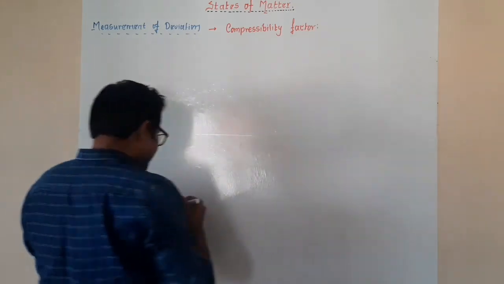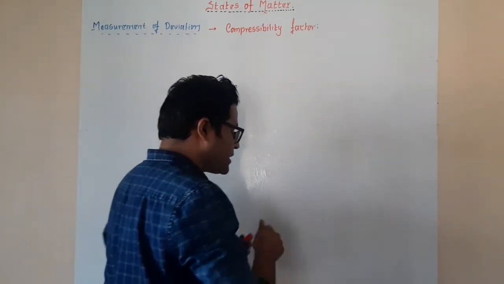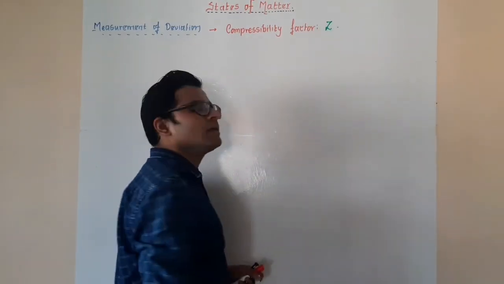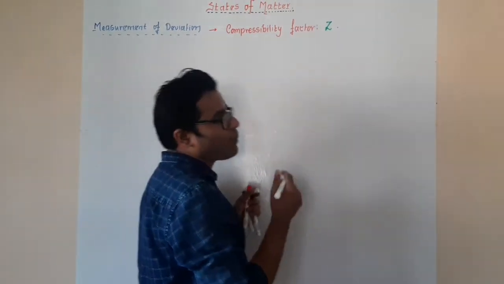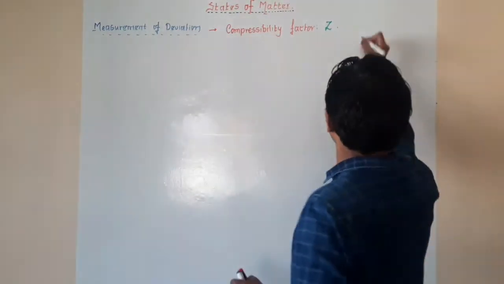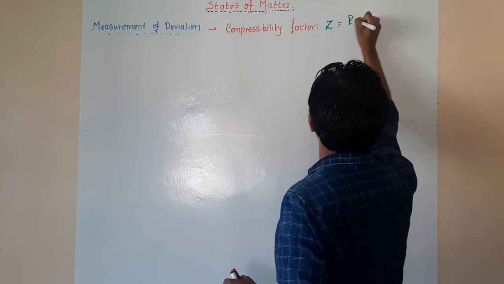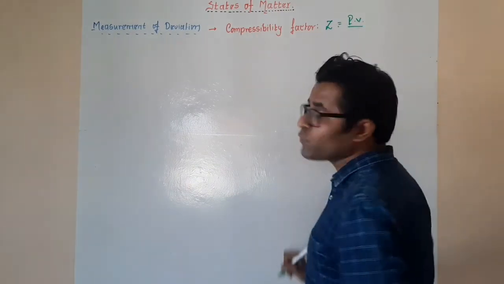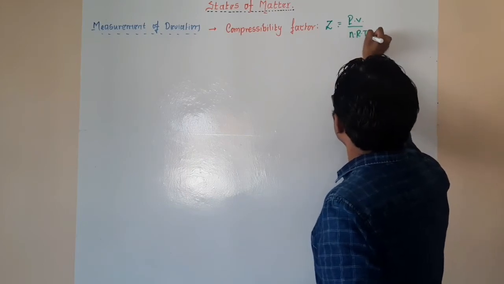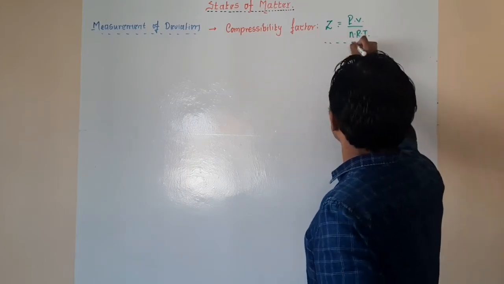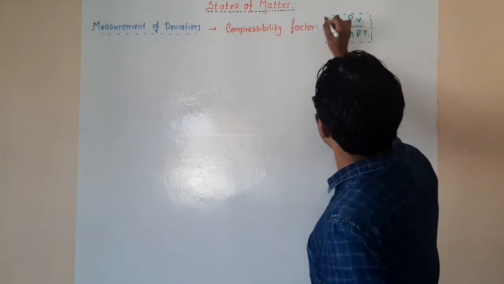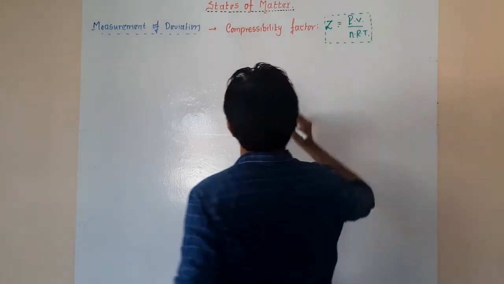The compressibility factor is denoted by the letter Z. Now, the compressibility factor is nothing more than a ratio: the ratio of the pressure-volume product to nRT. This expression is nothing more than the compressibility factor.